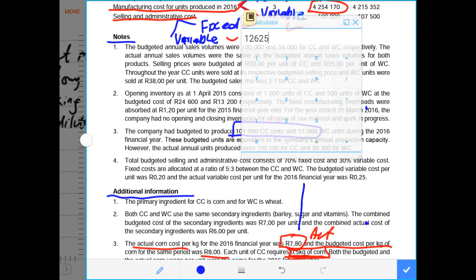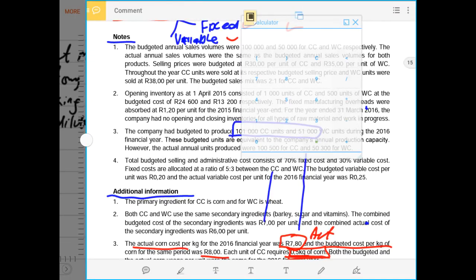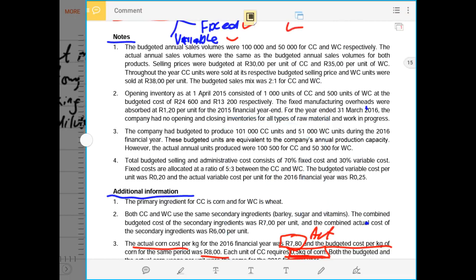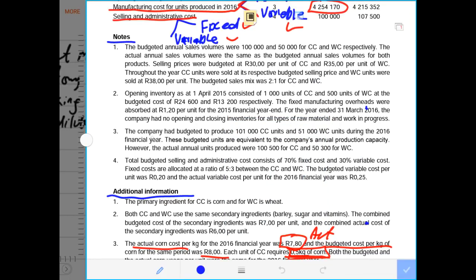Let me just confirm that. Check. This is what the company budgeted. Take note, the company budgeted to manufacture 101,000, and they also budgeted to manufacture 51,000.